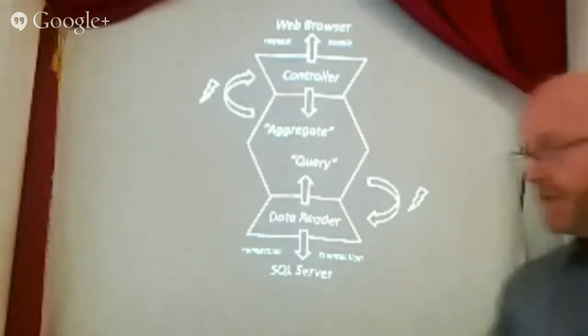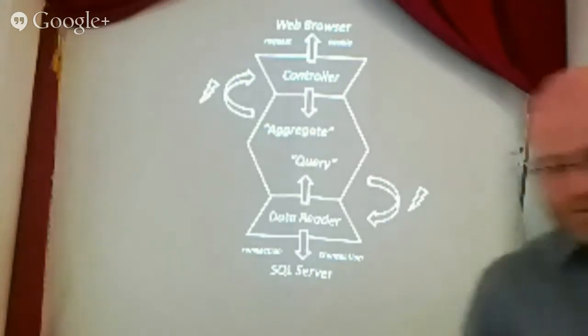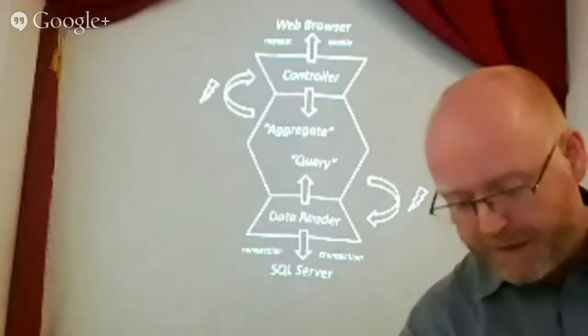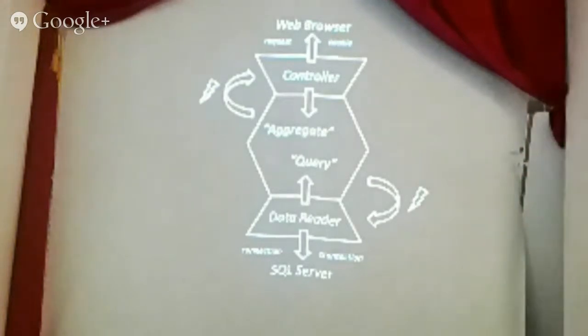Just so happens that the user interface, the controller, is also listening to what the domain has to say. And when it's been told that an aggregate is in a reasonable state following the execution of the query, then it sends the appropriate stuff back to the web browser.